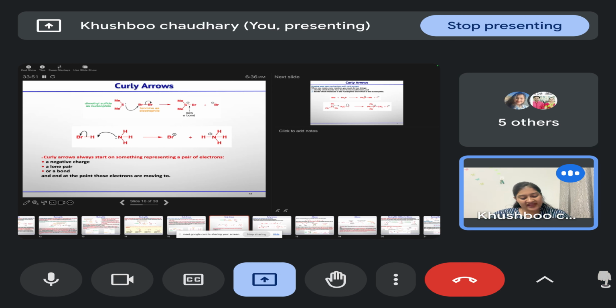The other example is the reaction of dimethyl sulfide, acting as nucleophile with a lone pair of electrons on the sulfur, reacting with bromine, inducing the charges or dipole in the case of bromine. Sulfur will react with one of the bromines, so the other bond should break, and it leads to the formation of this new sigma bond between the sulfur and the bromine.